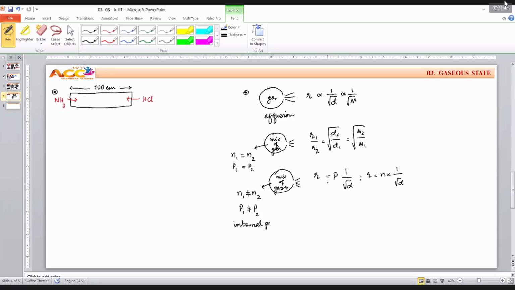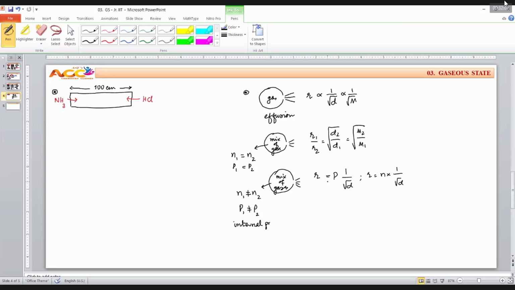Now, those who are sincerely enjoying Graham's law of diffusion, sir, you are missing one statement. You are saying pressure, but you should say difference in pressure. Listen carefully, those who want to become advanced rankers.